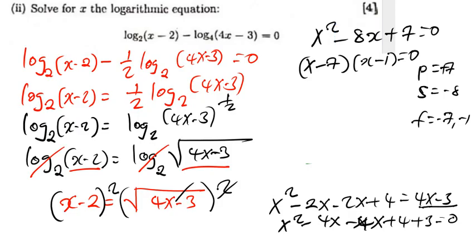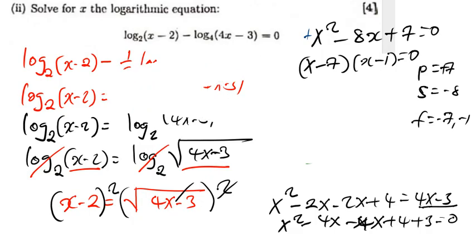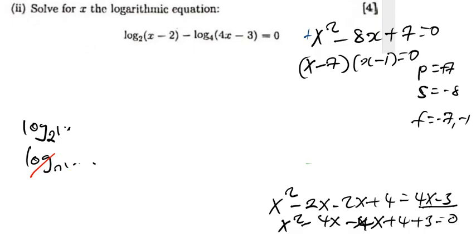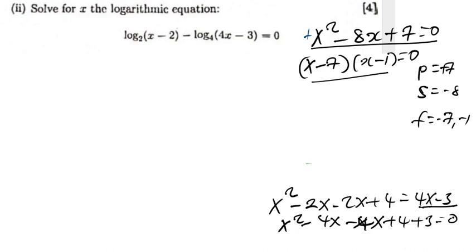But if you are not okay with this method, let me take you back a bit. I'll start from here, replacing there. So I'll have x squared minus 7x minus 1x, plus 7 is equal to 0.